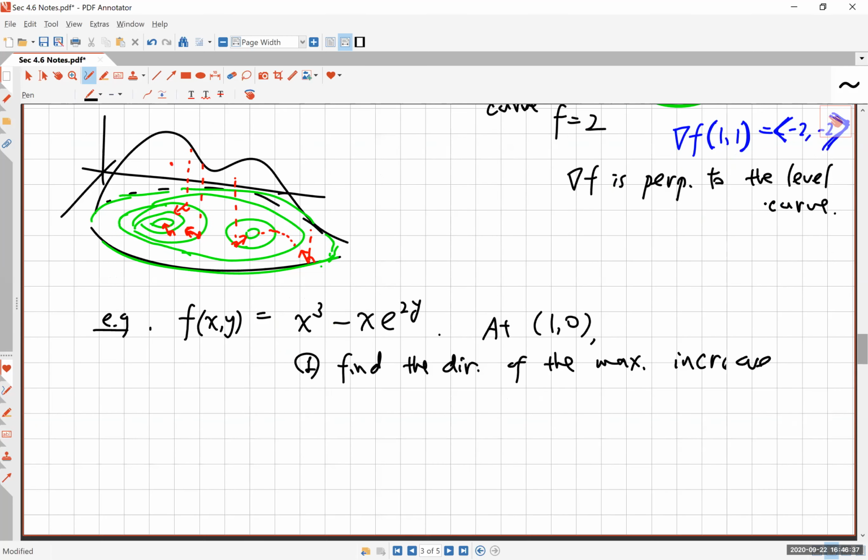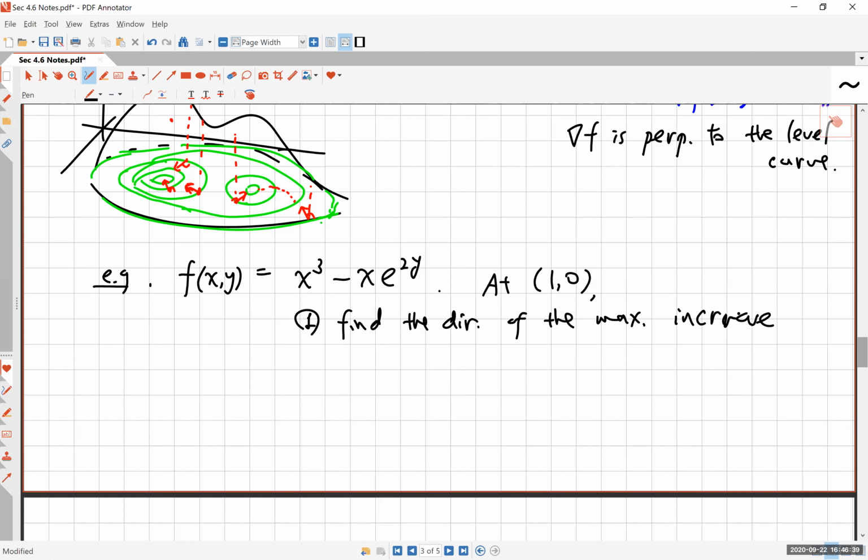And by the way, what I mean by increase is, of course, the rate of change. Find the direction of the maximum increase, and that means you are to give me a vector that shows this direction, hopefully the unit vector, right?